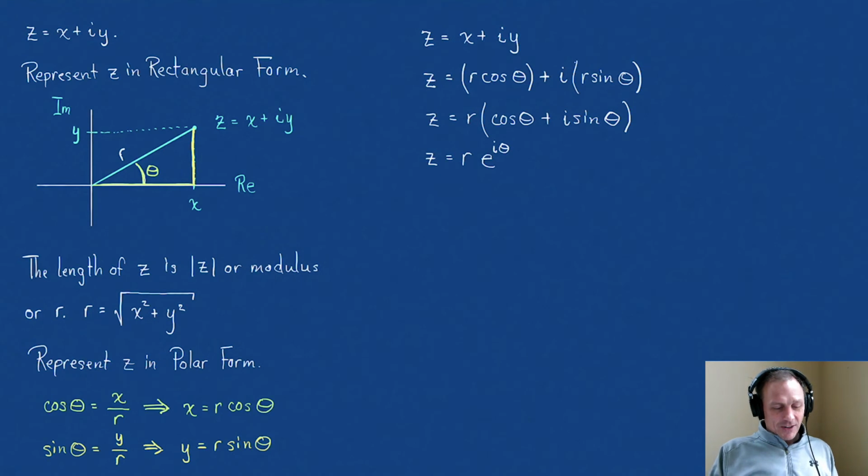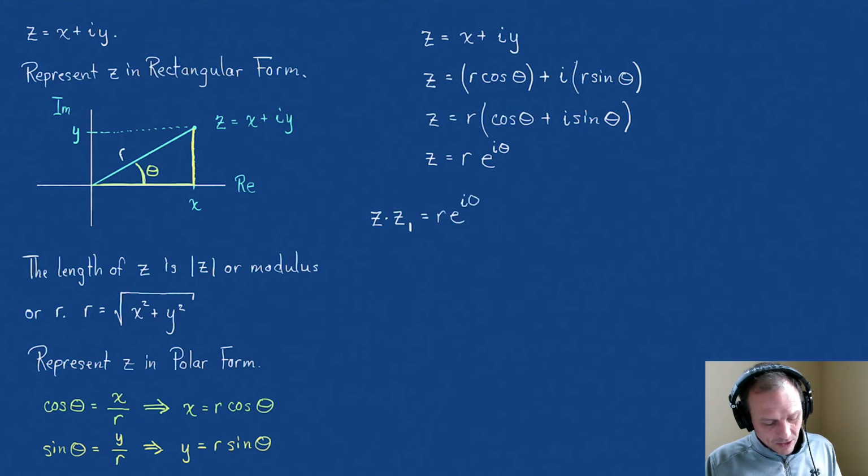Let's see how this works. It gives us a few advantages. For example, if I wanted to take z times z1, and we said earlier that was a plus bi, well, z we just said is r e to the i theta. Well, z1 would have a different modulus, r1, and it'd be e to the i, I'm making these up, alpha, as long as they're different.